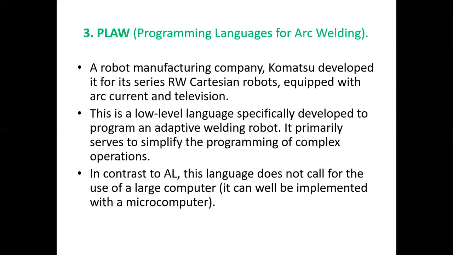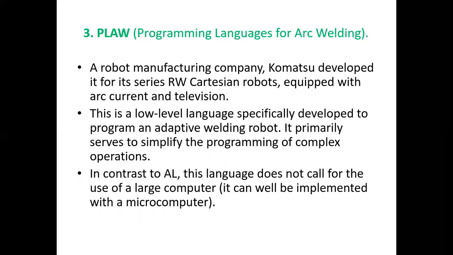The third language is PLAW, a programming language for arc welding. A robot manufacturing company developed it for its RW series Cartesian robot equipped with arc current sensing and television. This is a low-level language specifically developed to program an adaptive welding robot.